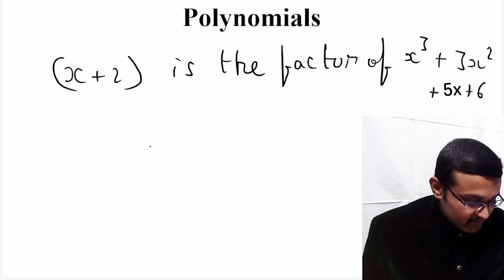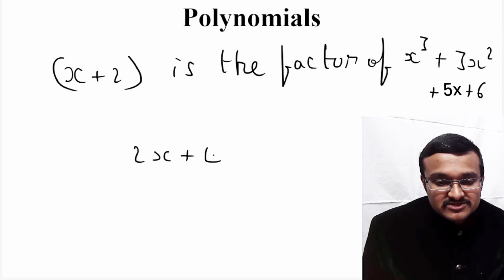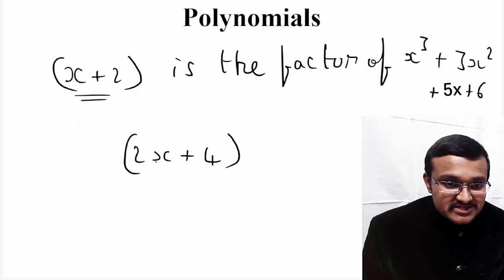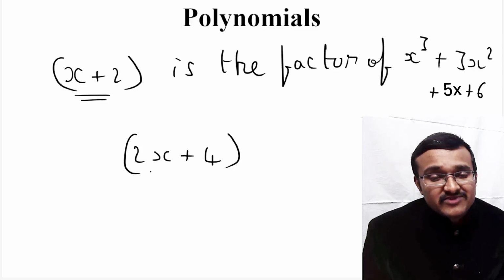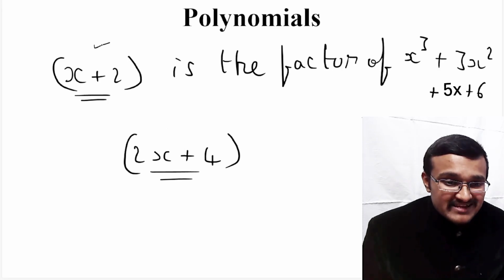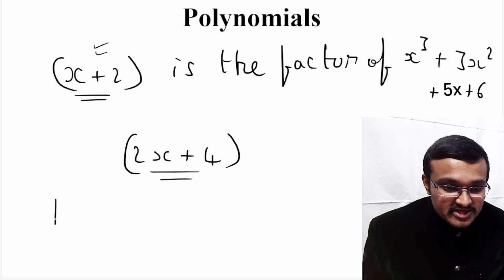Here they have given one more polynomial, that is 2x plus 4. You have to take this polynomial and say whether x plus 2 is the factor of 2x plus 4 or not. So for this polynomial, you have to check whether x plus 2 is the factor. Here also you can take p of minus 2.